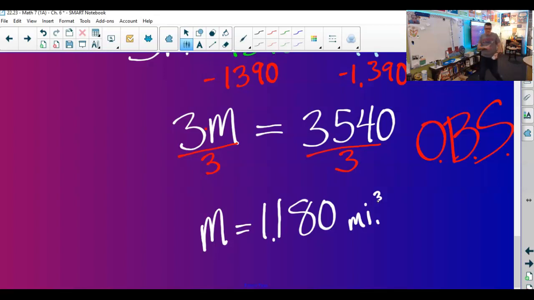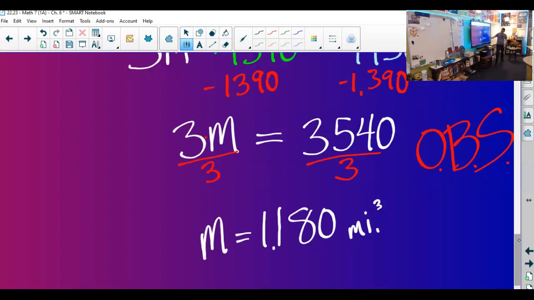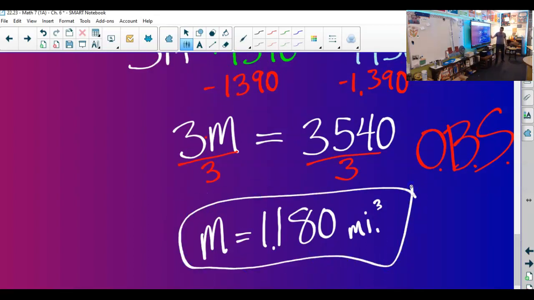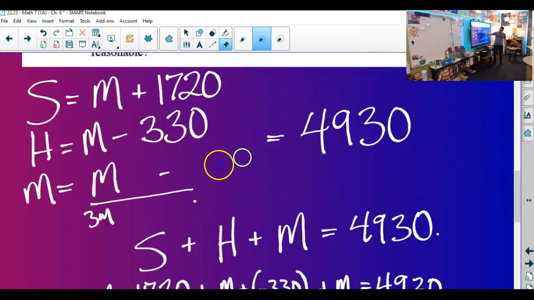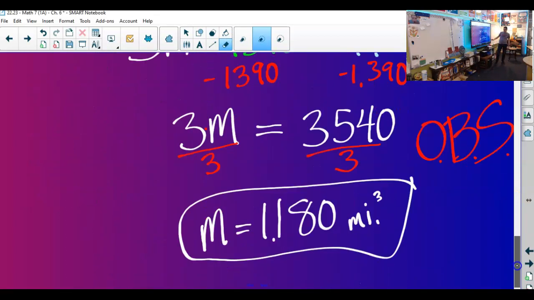Now hold on. If Lake Michigan is that big, let's figure out how big Lake Superior and Lake Huron are. So let's use what we know M is. Let's come back up here. I'm going to erase a little bit of this. So if M, what did we say M is? 1,180?